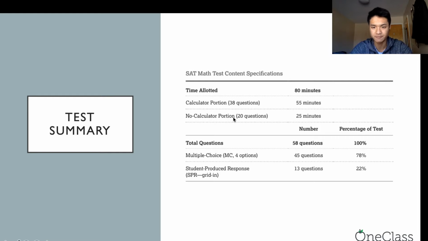So your total time spent on math on the SAT is 80 minutes between the two sections. Multiple choice is 45 out of the total of 58 questions, and student-produced response is about 13 questions. So the rough percentage breakdown is here, a more exact breakdown than we were talking about from the last slide.